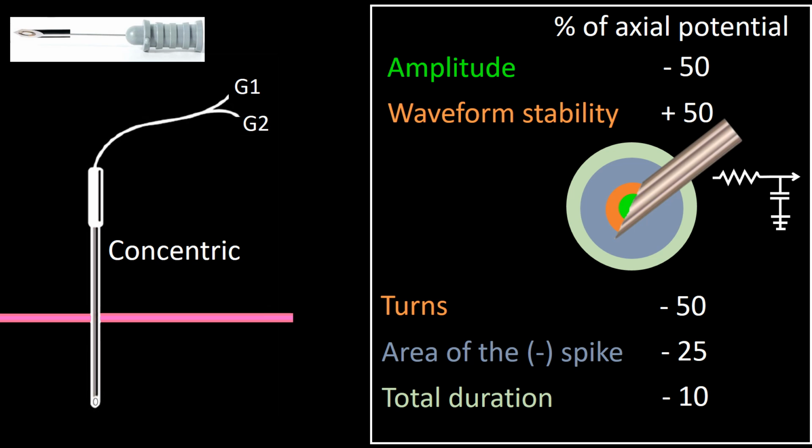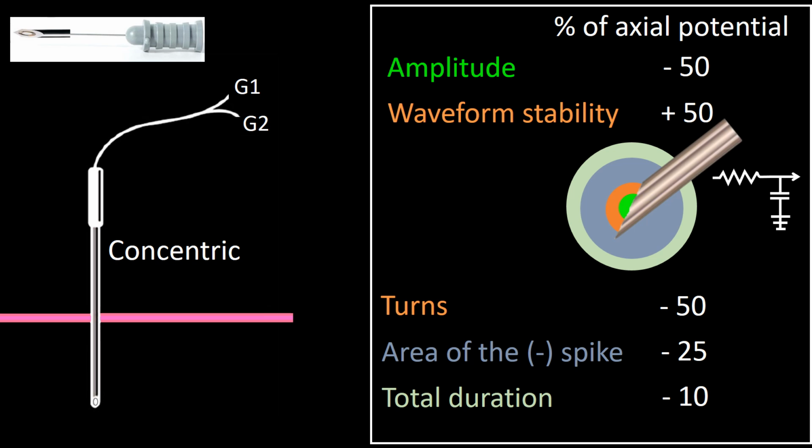The proximity of these electrodes cancels synchronous similar amplitude waves, thus their contribution to the area of the negative spike and duration. The short separation of these electrodes also contributes to the lower amplitude of the potential, waveform stability, and the presence of fewer turns.